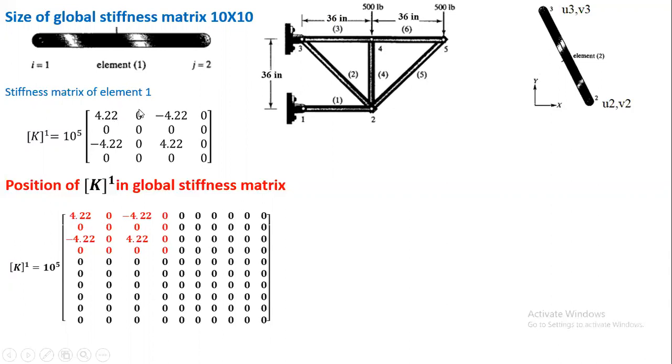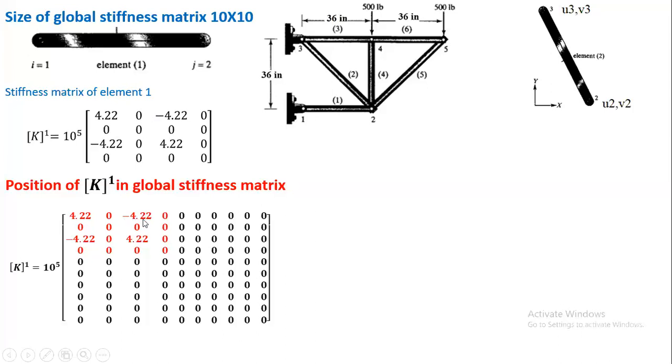This term is 1 2, corresponding to node number 1, because it is the displacement of node number 1 in y direction. So node number 1 is connected to element number 1, so this term also you have to add from the stiffness matrix of element number 1.